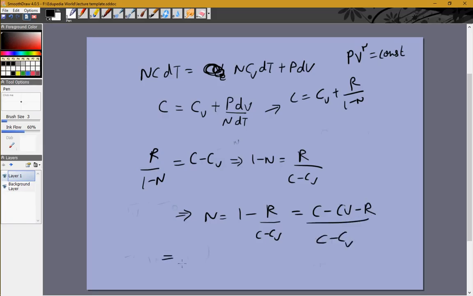But Cv plus R is Cp, so this is equal to C minus Cp by C minus Cv, which gives me my answer as option 2.